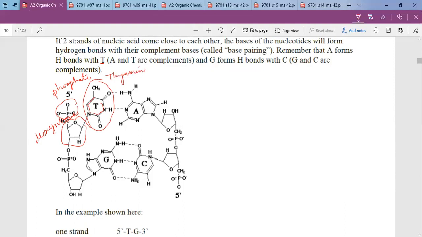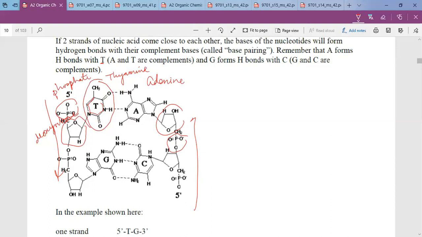Okay, now see, so move this way. So your phosphate is over here. The deoxyribose sugar is here. And now here is A, adenine. Alright?